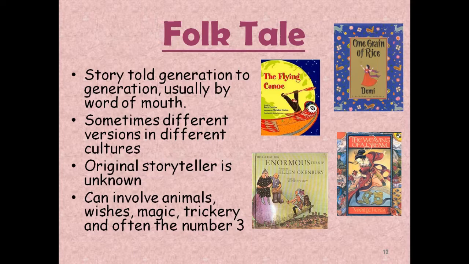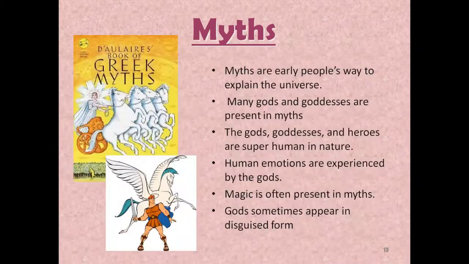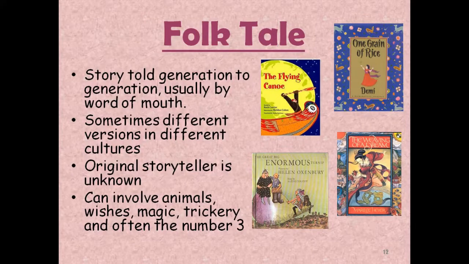Now here you can see folktale, it's just spoken transmission of stories in the culture, in the society, from one generation to another generation. And people know that, okay, my father told me like this, and my father told me that his father told. So this kind of stories.